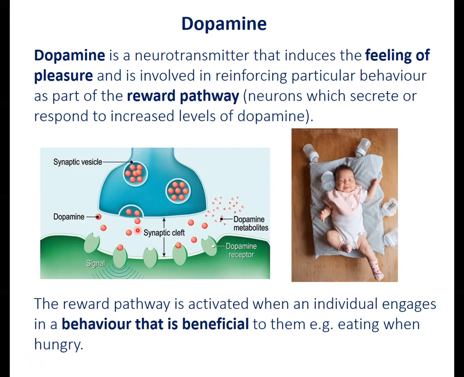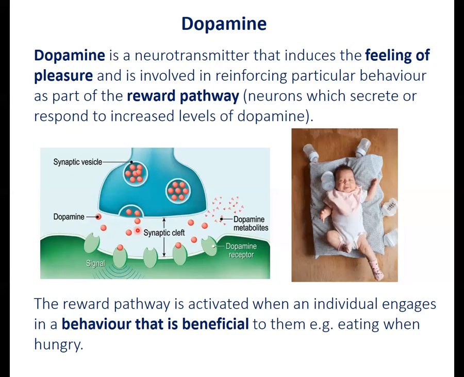So for example, the example that's given is when we're really hungry and we eat after we've been really, really hungry, we can feel really happy. We can feel real pleasure from eating food. And obviously the act of eating food is beneficial for us in terms of our survival.